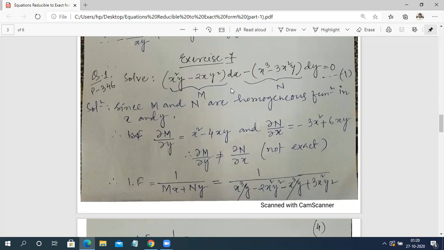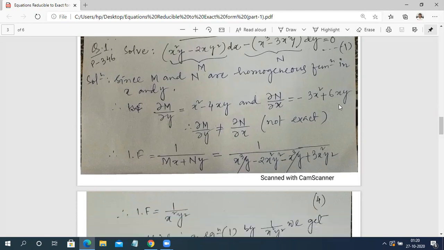Now check the first rule, whether this m and n are homogeneous or not. You can see m and n both are homogeneous functions of degree 3. So the integrating factor will be 1 upon (mx plus ny).